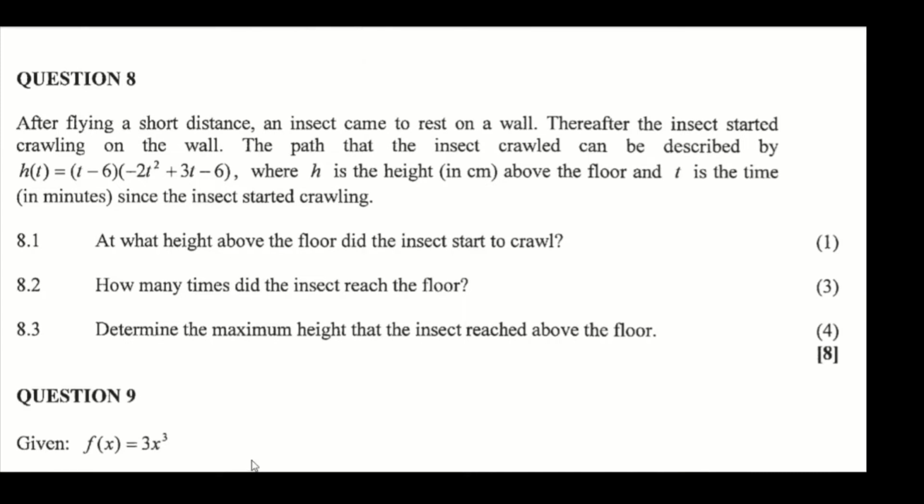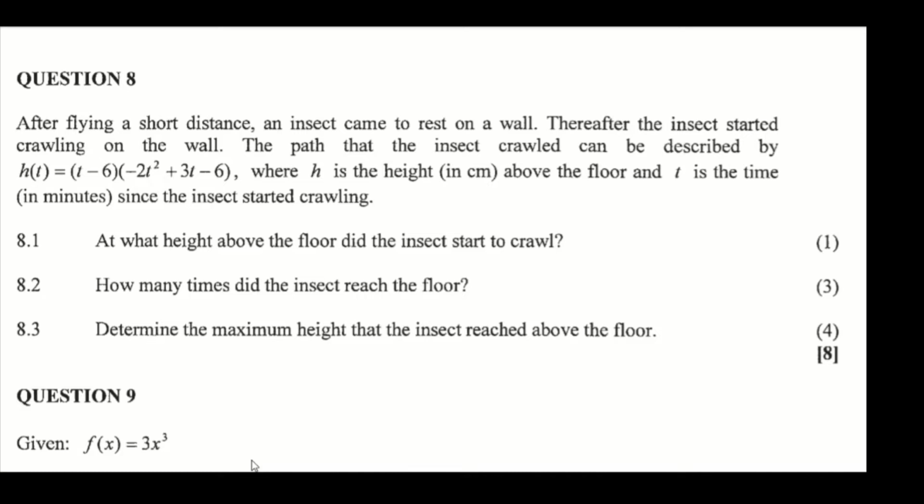The statement reads as follows: after flying a short distance, an insect came to rest on a wall. Okay, so this is question 8. Thereafter, the insect started crawling on the wall.